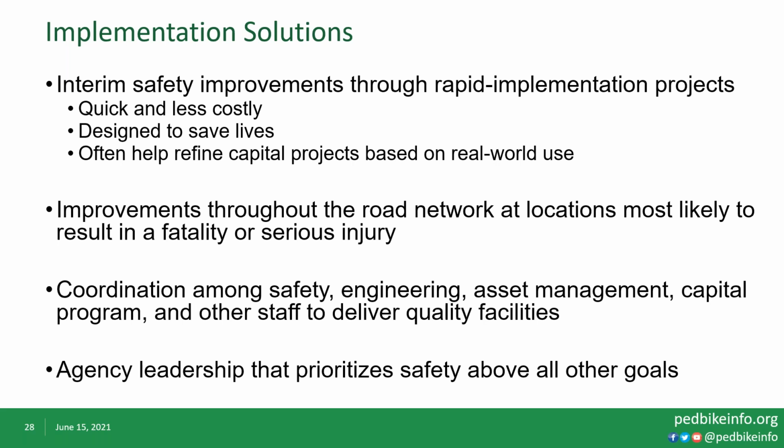Again, improvements to the road network at locations most likely to result in a fatality or serious injury are the most important. Certainly coordination is key. There are a lot of stakeholders that need to be involved on arterial roads. They're complex road environments, and of course, leadership is a really important aspect of the equation. Next slide, please.